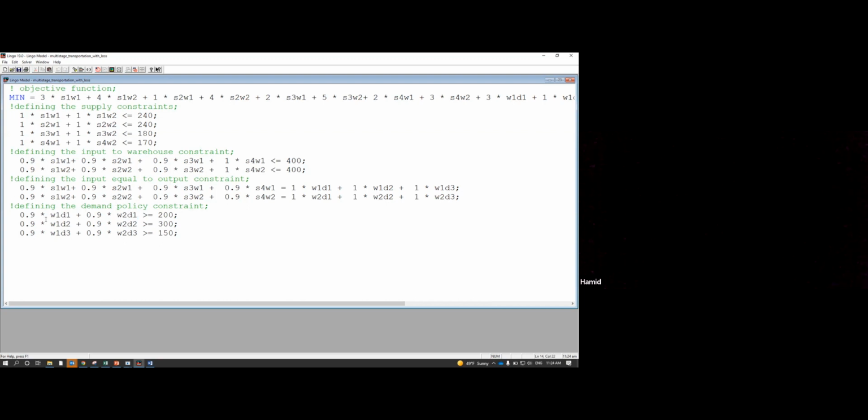So here I have a coefficient of 0.9 because I know whatever goes out of the first warehouse would face 10% loss. So 0.9 times W1D1 plus 0.9 times W2D2, and we should fulfill our demand. So at least 200 oranges should arrive at the first demand point, and similarly for the second and third demand points.